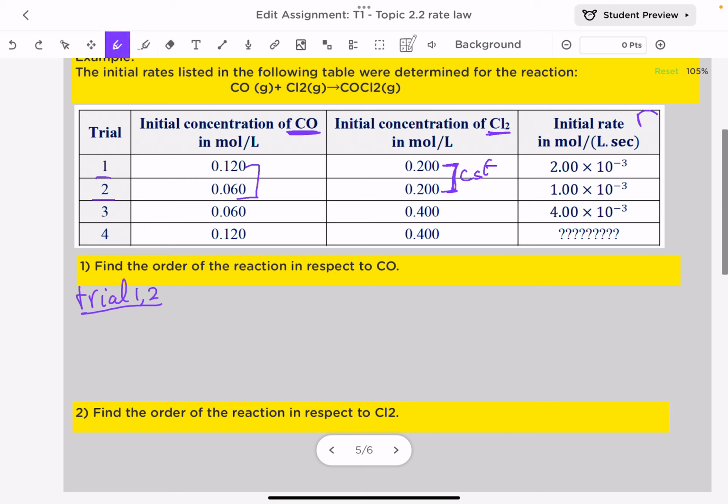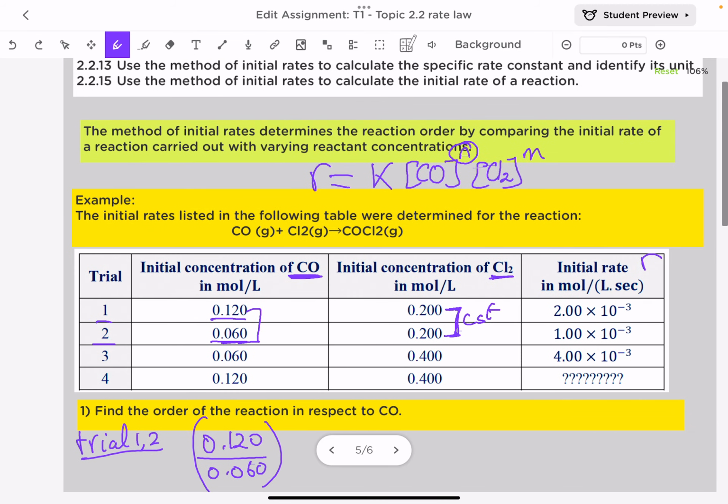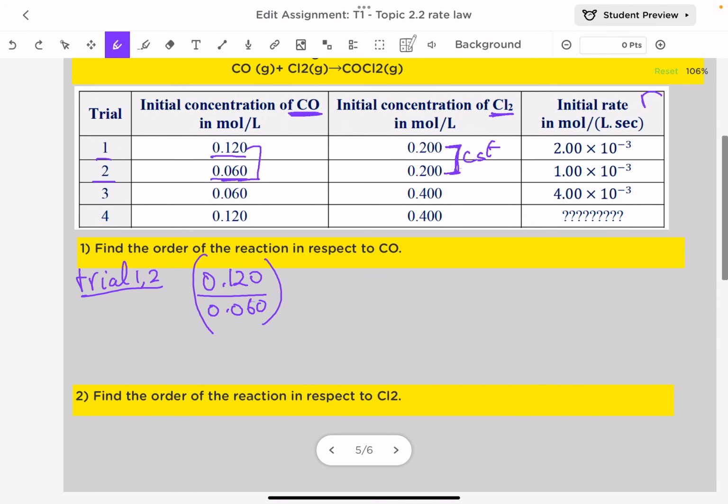Now, to make this easy, always follow the numbers. This is a larger number, this is a smaller number, so you always divide the larger by the smaller. 0.120 over 0.060 raised to the order n. I'm finding n, so I raise it to the order of n. Now, what did I do?